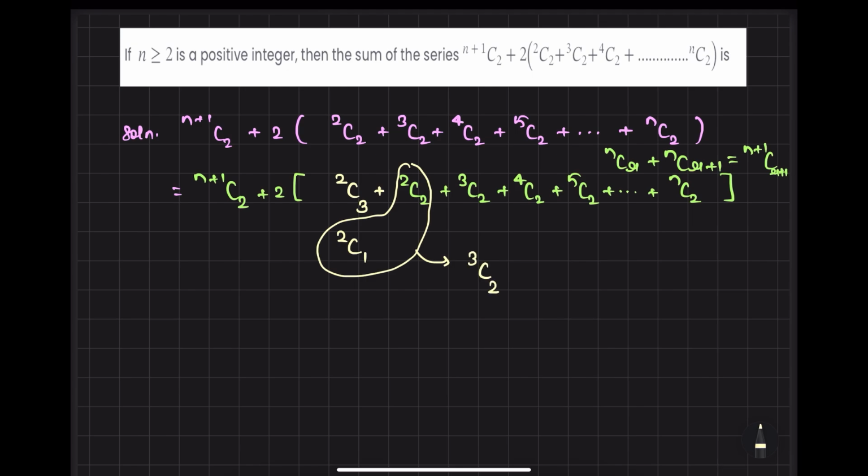Upper subscript will increase by 1 and we will take the lower subscript as the bigger one. So the bigger one is 2, that's why the lower subscript is 2. Now if you manipulate with this, don't you think both things will get clubbed? It will become 2 times 3c2. So it is not initiating the chain reaction. Okay, so this idea is failing.